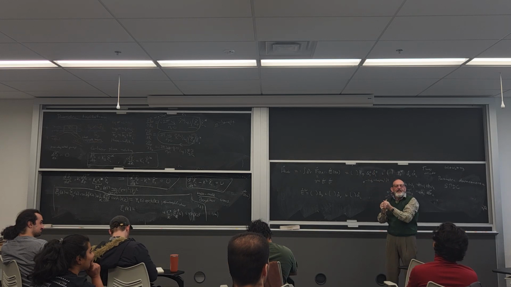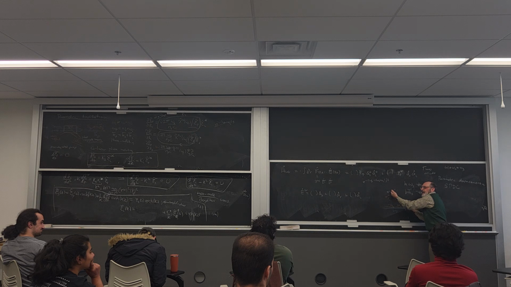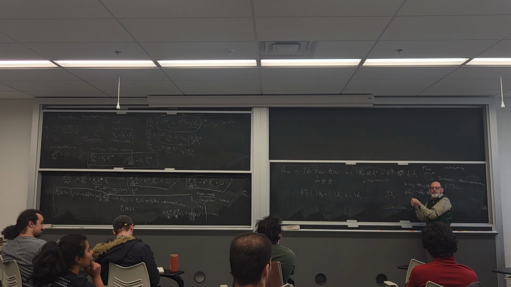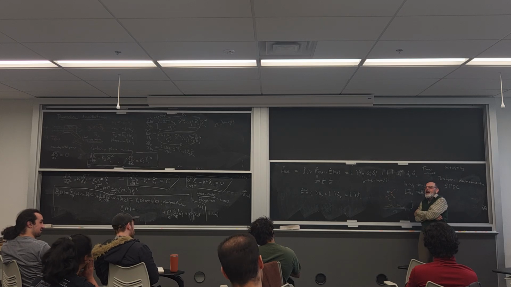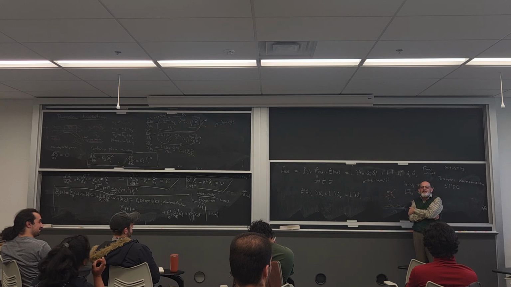The reason is that the process that creates squeezing is pair creation. You're creating pairs of photons through this process of spontaneous parametric down conversion, and thus they could be entangled as well. We'll come back to that. We'll talk about the entanglement as well. It's another feature of this.